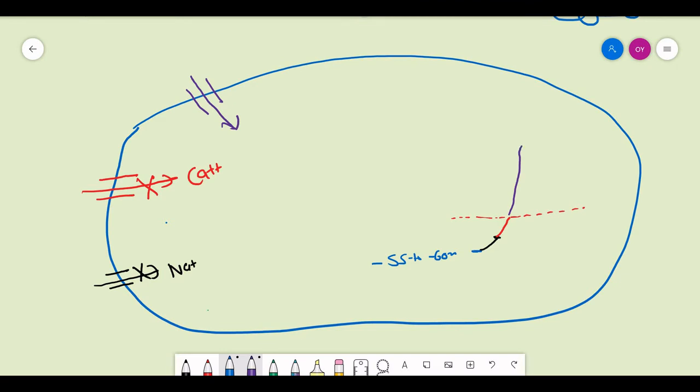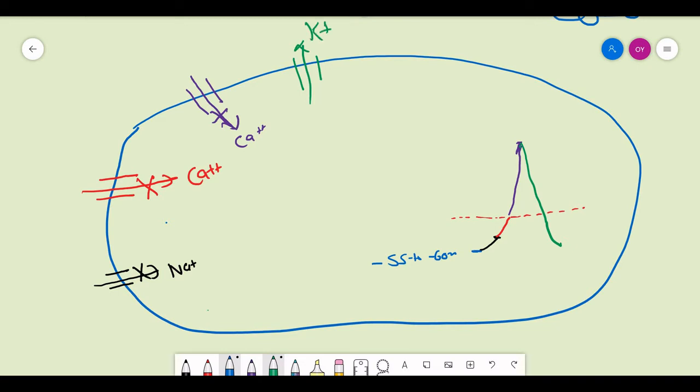As it reaches the peak of the depolarization, this calcium channel will also close and another channel will open, which will cause repolarization. And I hope you know which channel this is. This is the potassium channel.